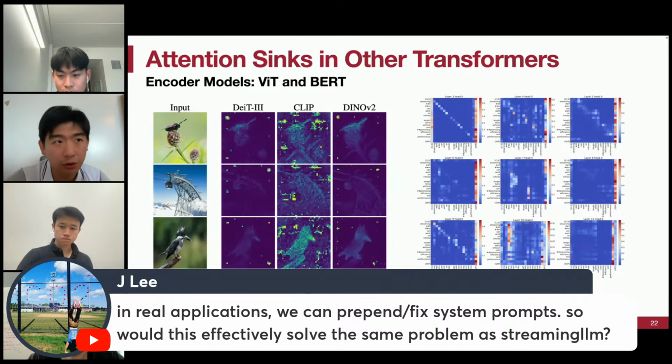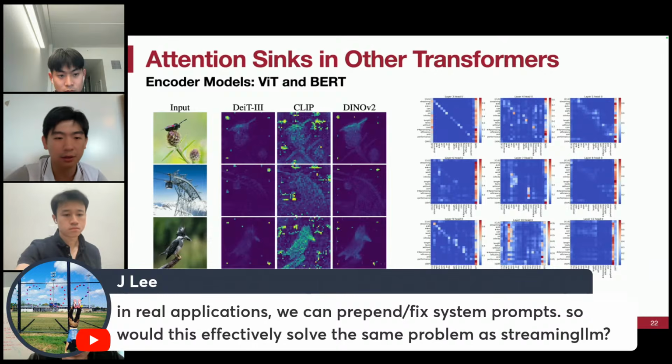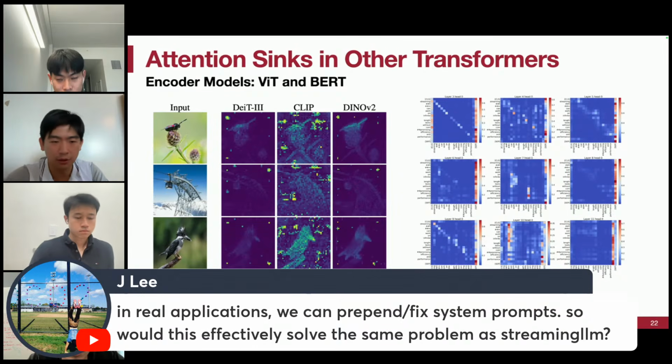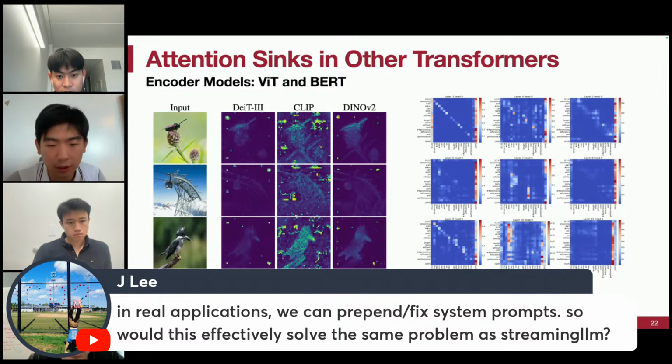If you want to do a very long chat, it makes sense that you always pin the system prompt KV cache in the context. And when you're doing something longer than the pre-training limit, you can slide and evict something in the middle and still attend to the system prompt and the local context. That makes a lot of sense.